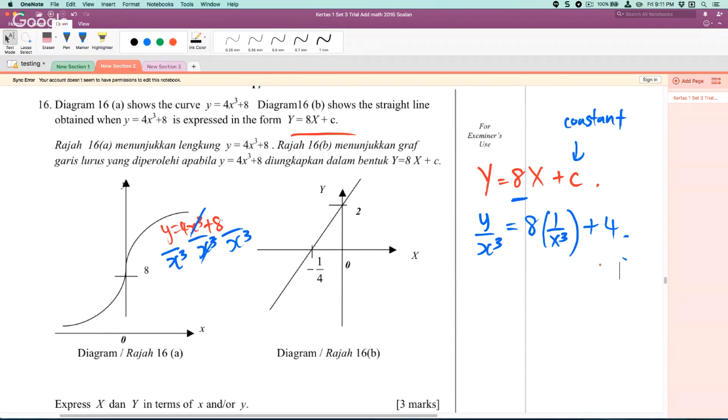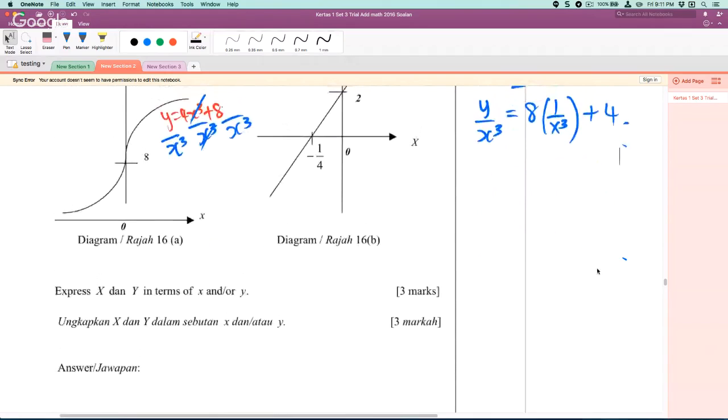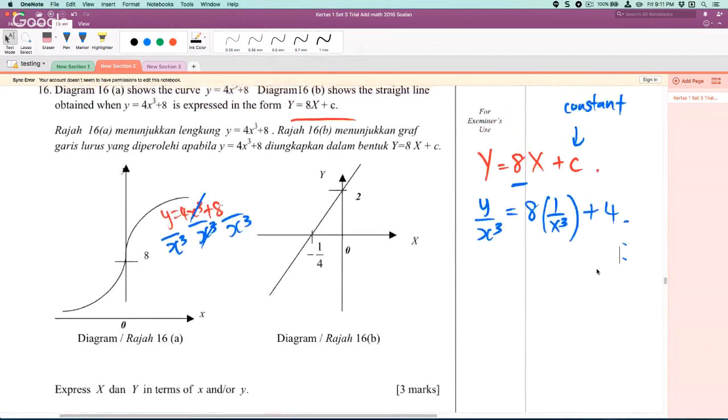Let me see. You should get 2 for this one. What does the question want? Express y in terms of x.